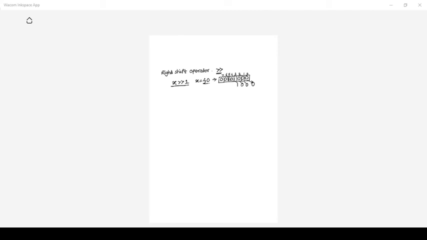Again this 0 comes in this place, this 1 at the 0, and this 0 over here, 0 over here, and here you can see one empty space is there. So here we are just adding a 0 over here. Now you can see this is x right shifted by 1.